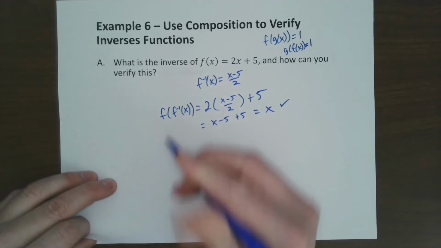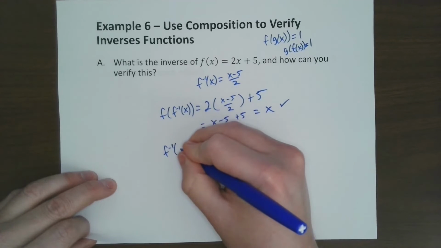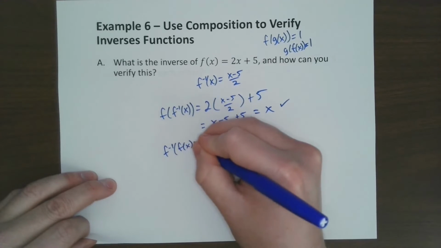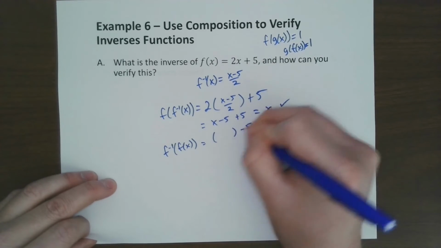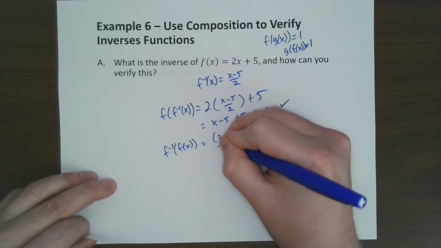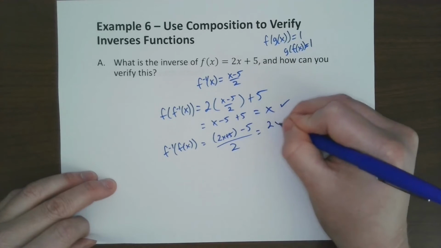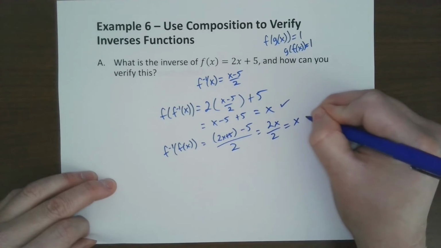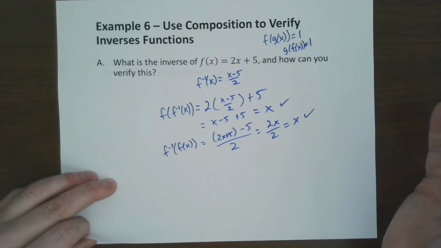So that one checks out. Let's do it the other way. So same story, we're going to do parenthesis minus 5 over 2, but we're going to plug in 2x plus 5. So we get 2x over 2, which is x, so it checks. So there's how you verify that you did it correctly.